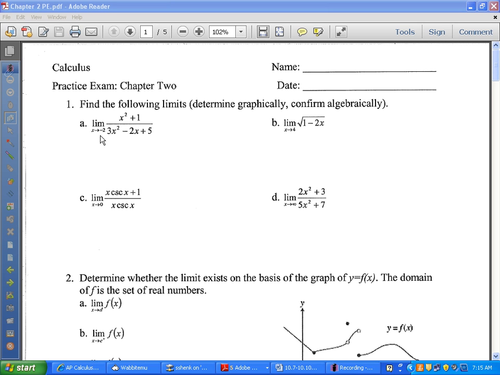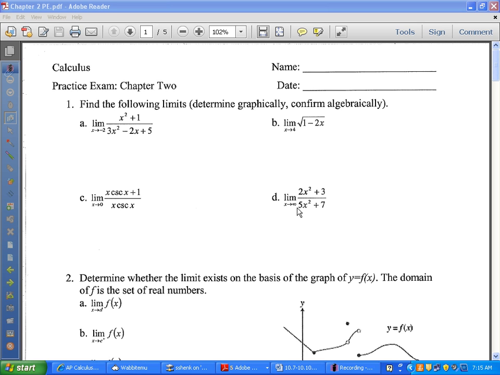Rationalize. Yeah, multiply by its conjugate. We'll rationalize if we can. So that's what number 1 is looking at, those basic concepts of limits. Now, here in D, we've got a limit as we go off to infinity. That's kind of looking for a horizontal asymptote, or an end behavior model if we have one.